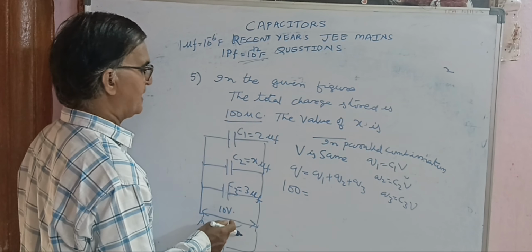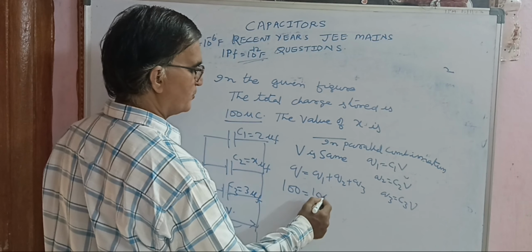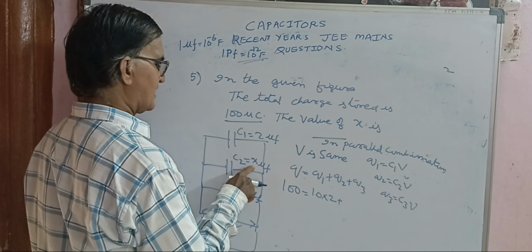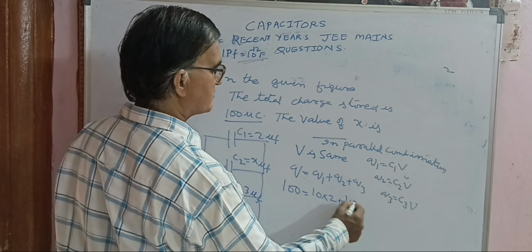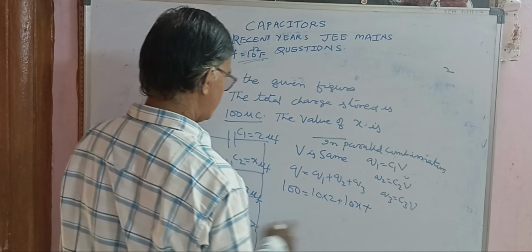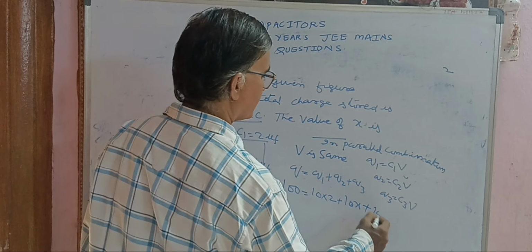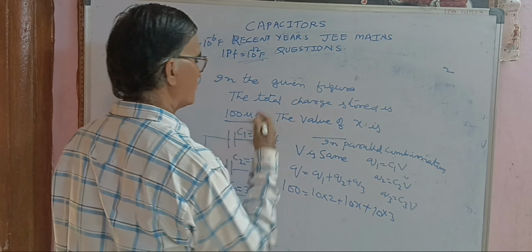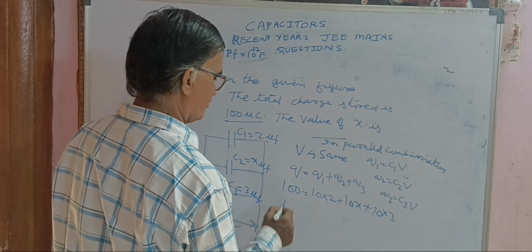So V remains the same, 10 volts only. So 10 into 2, plus the second one X into 10, plus the third one 10 into 3. Since all are in microfarads, you need not convert anything, directly you can go for it.